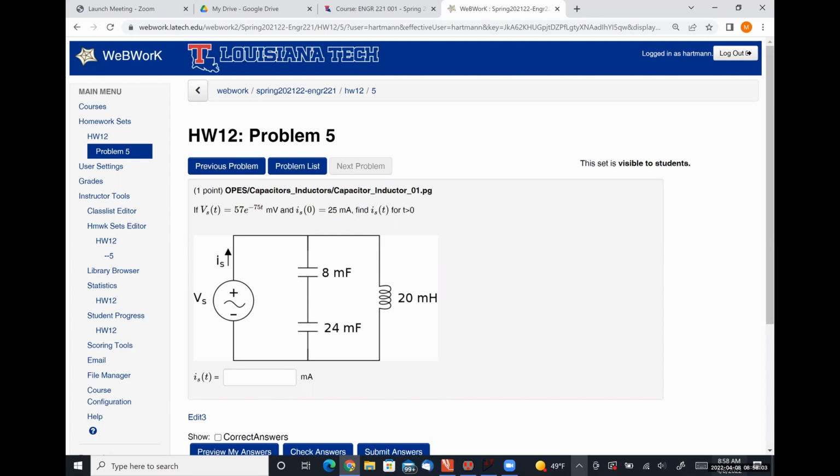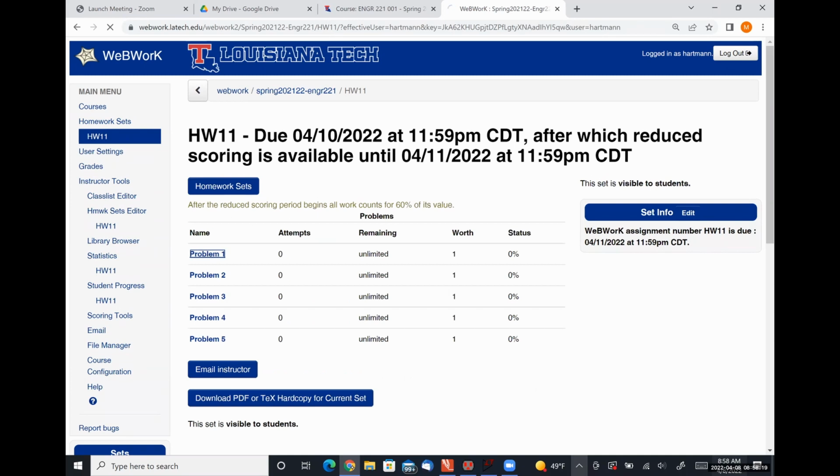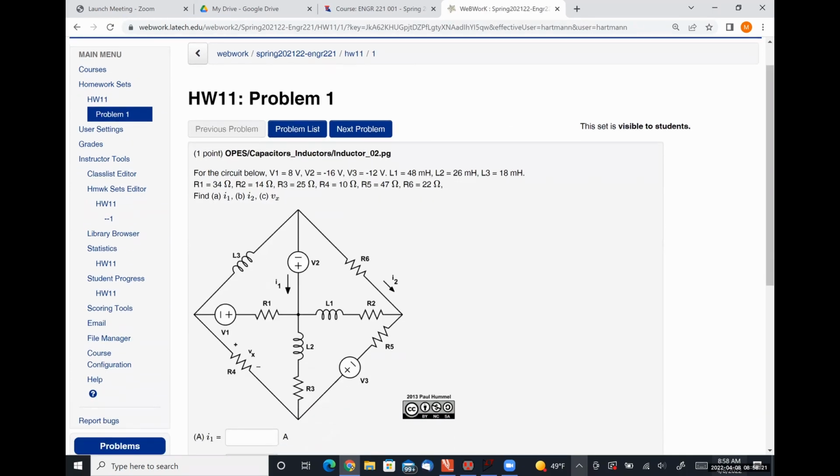So, speaking of that, homework 11, I think problem 1, which I haven't gotten any emails about, which means you guys probably haven't started on it yet, contains, let's look at that real quick, this awful looking circuit containing lots of inductors.